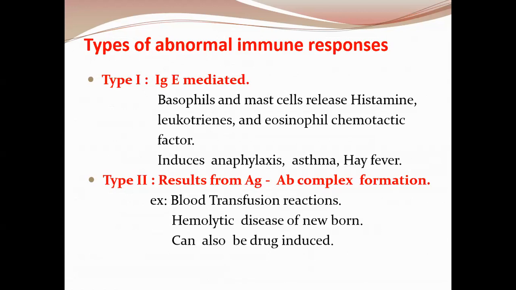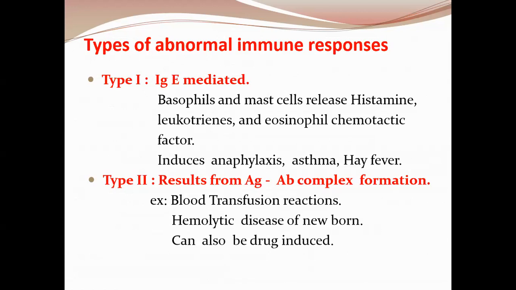It can be prevented in subsequent pregnancies by administration of anti-Rh antibodies to the mother within 24 to 48 hours after delivery. This is how we can prevent subsequent babies from dying of hemolytic disease of the newborn.